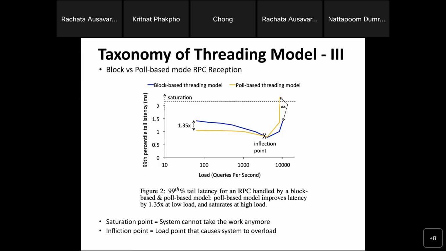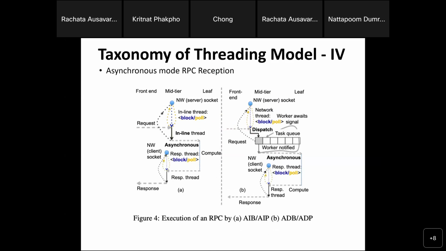Don't do that, right? We call this the inflection point. Inflection point means that it's the point at which the other mechanism that used to be performing poorly now does better. So for most cases, the poll based is better.